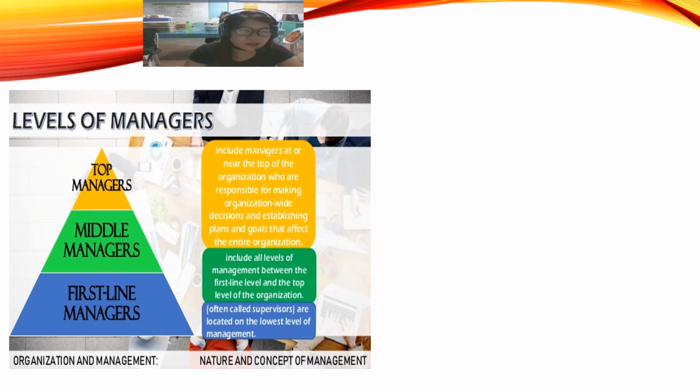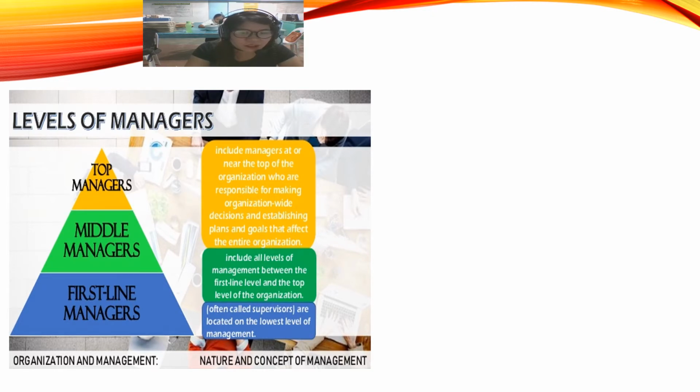Next, we have levels of managers. There are three levels of managers. First, we have top managers. Second, we have middle managers. Lastly, first line managers. Top managers are responsible for making organization-wide decisions and establishing plans and goals that affect the entire organization.